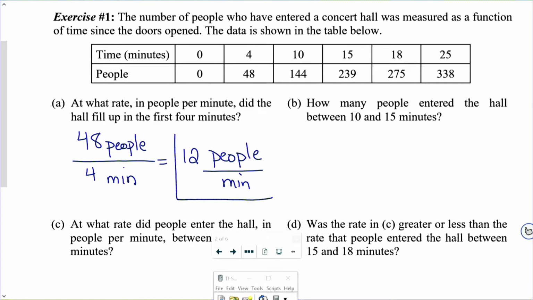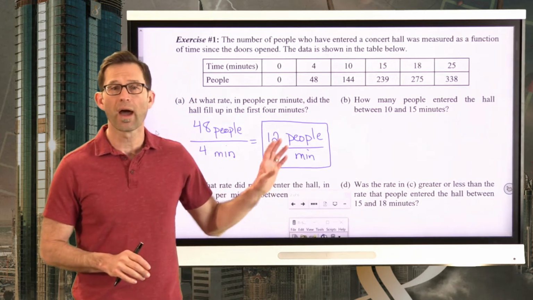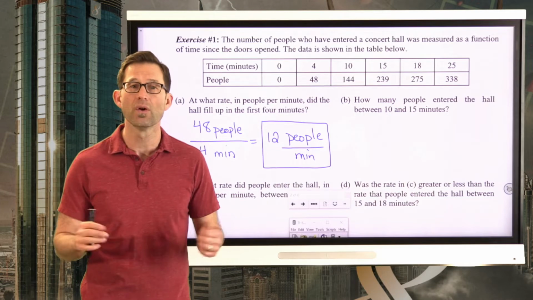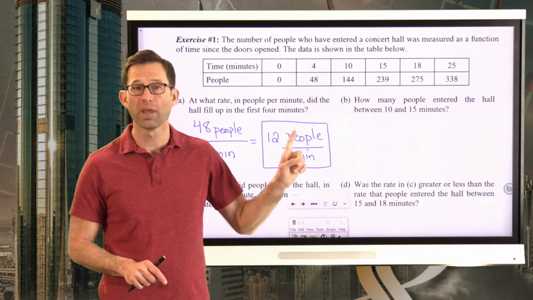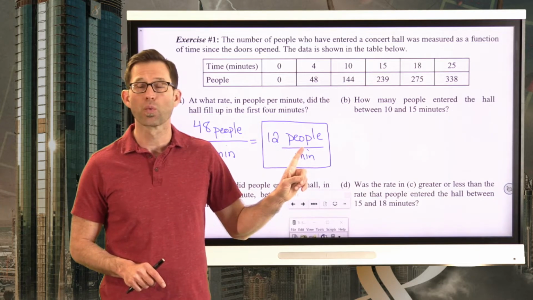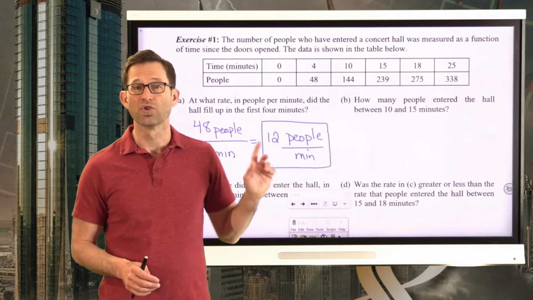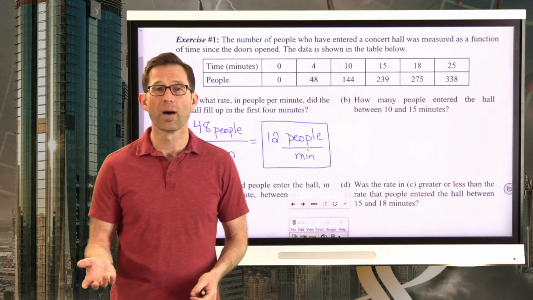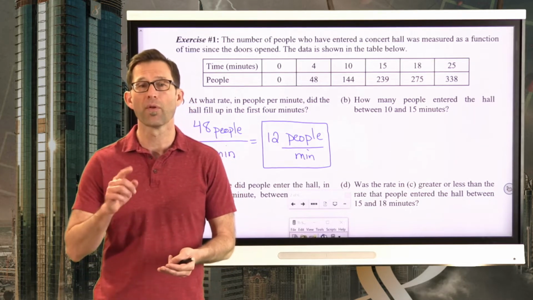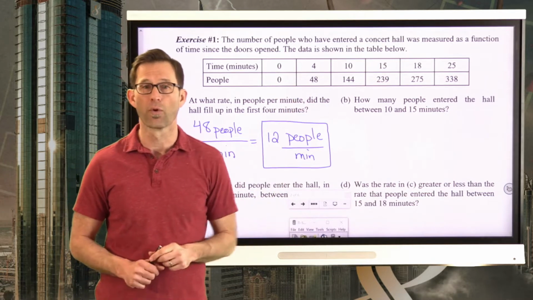You can actually use the word per, but what you're going to find in 8th grade and above is that most of the time, units will now be expressed in sort of fraction notation, where you always read the numerator first, people, read the fraction bar as the word per, and then the denominator, per minute, right? So 12 people per minute. And that makes sense, right? 12 people per minute are coming in, so there's 12 people, then 24 people, then 36 people, then 48 people, and your 4 minutes are over and we're up to 48.